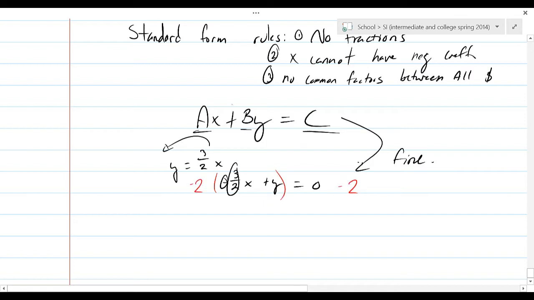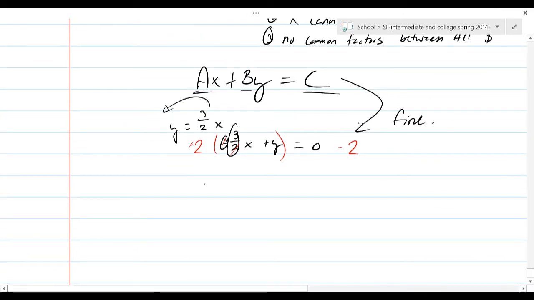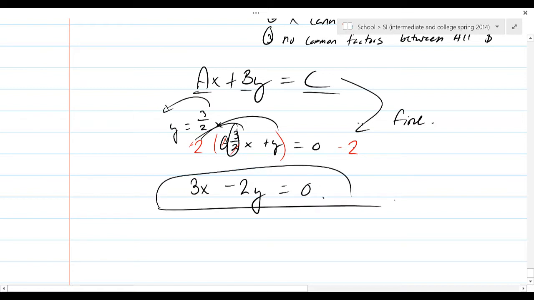What that'll do is it'll cancel out the negative, and it'll cancel out that 2 in the denominator. Okay, so those 2's cancel, and I've got 3x, this 2 distributes there and there, minus 2y equals negative 2 times 0 is 0. Wait, that should be 3x. And that's our standard form. That one was pretty long.